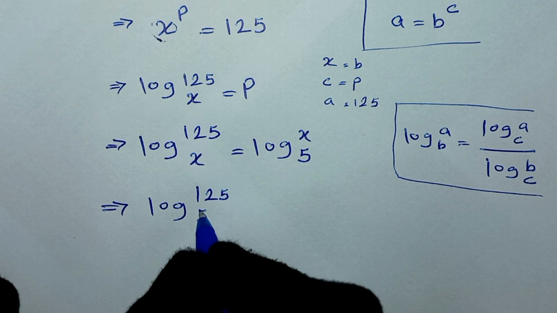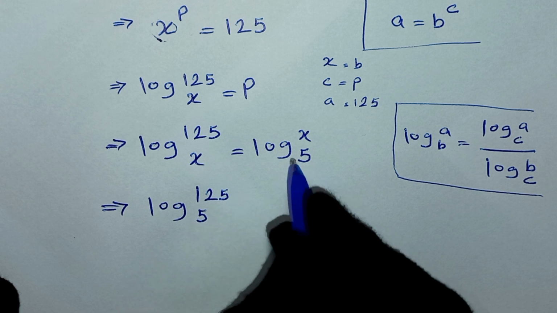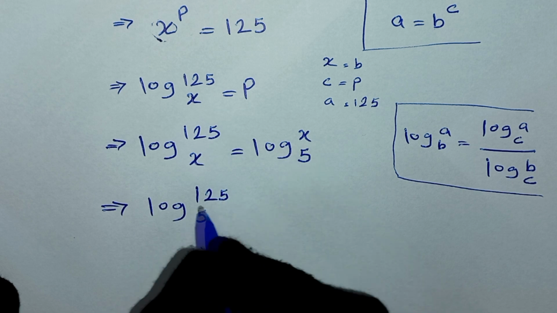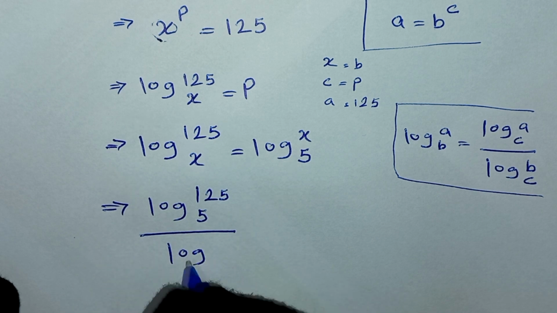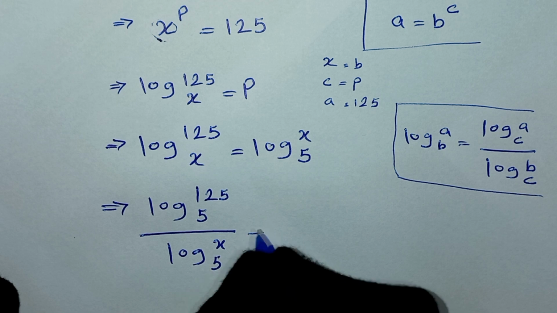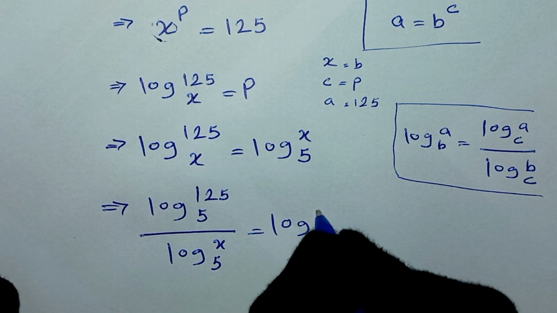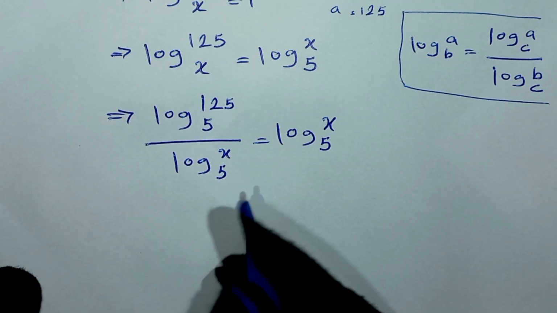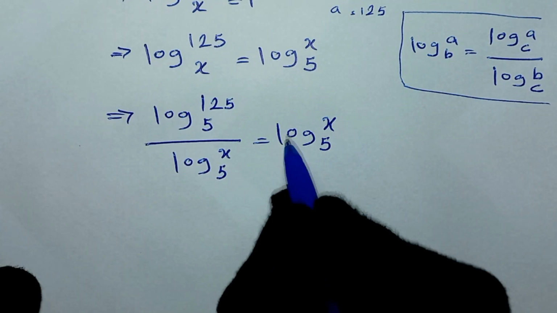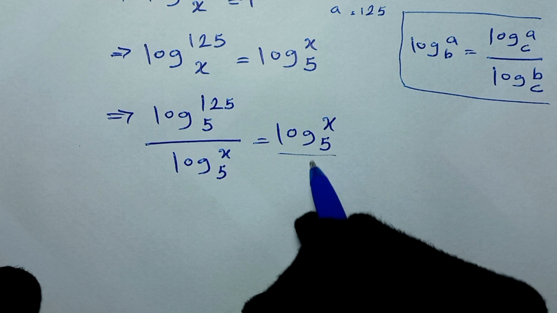We choose number 5 because in here we have base 5. So choose base 5 for this over log of x to base 5 is equal to log of x to base 5. And in here, this is also equal to log of x to base 5 over 1.